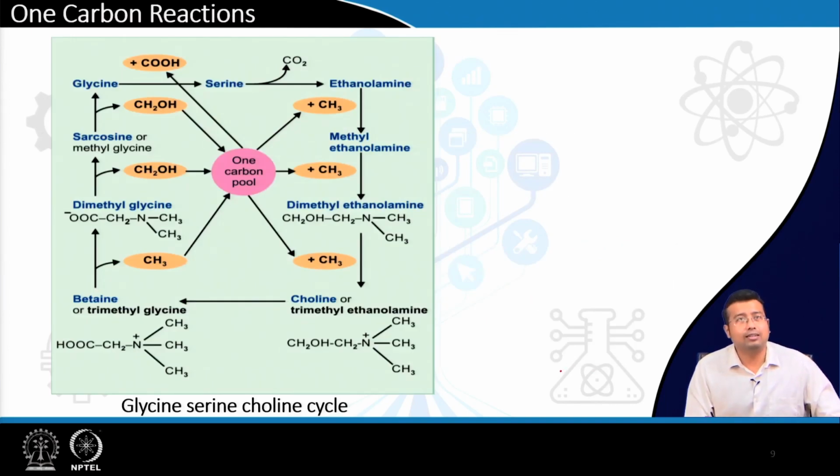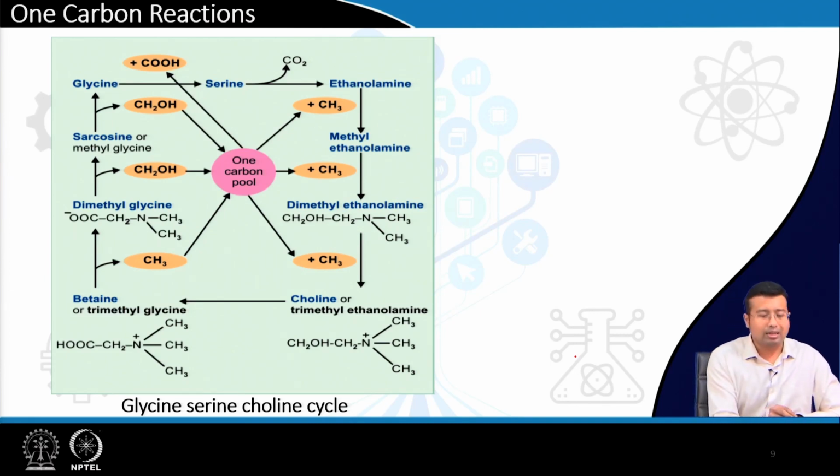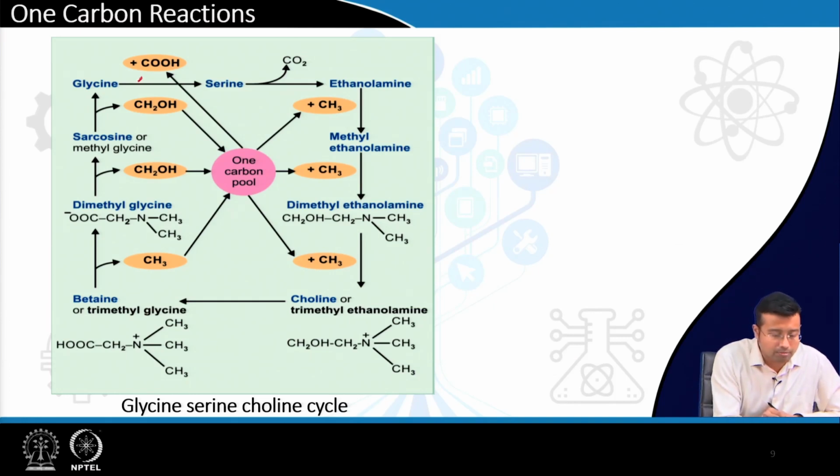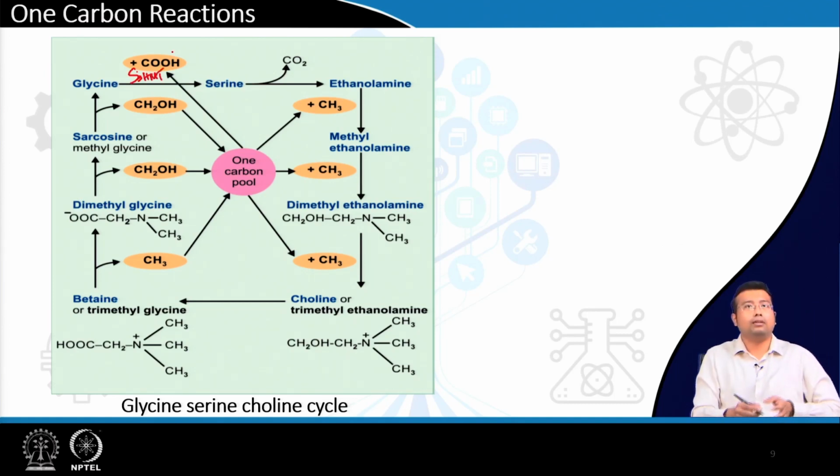So, as I was discussing, this is the entire reaction, how serine and glycine participate in one carbon metabolism. You see glycine to serine conversion by serine hydroxymethyl transferase, SHMT. All right. Next, serine by decarboxylation forms ethanolamine, and methyl groups are being added.